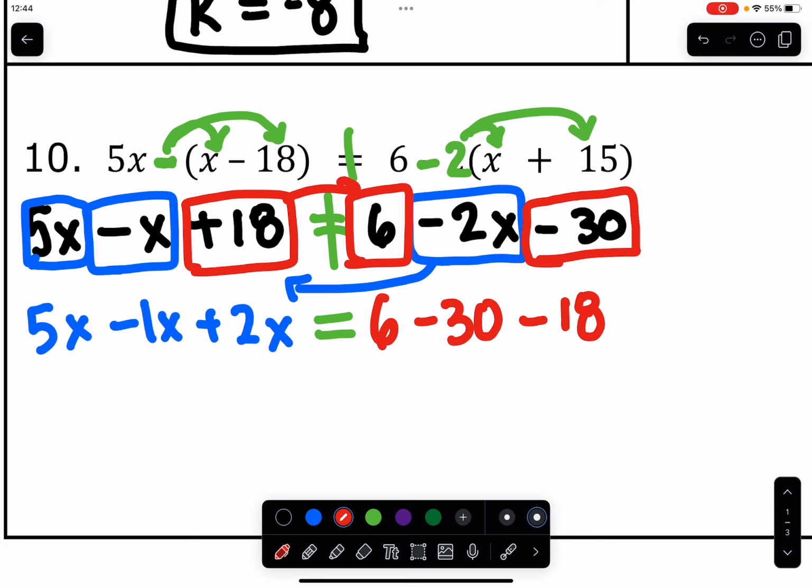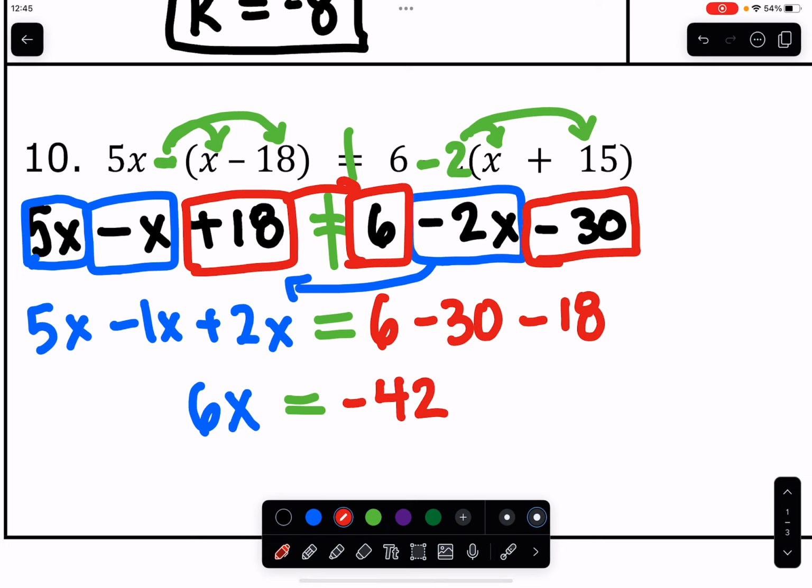And all we do now is simply combine like terms. So 5 minus 1 plus 2 on the left gives us a total of 6x. And on the right side, 6 minus 30 minus 18 gives us a total of negative 42.